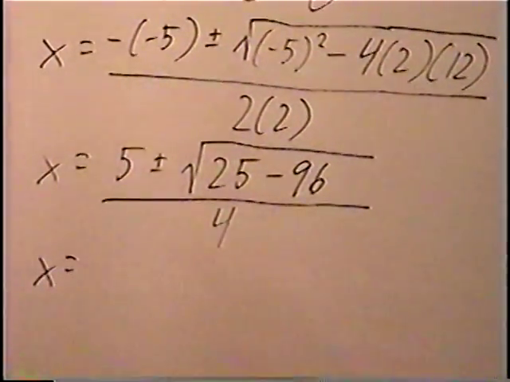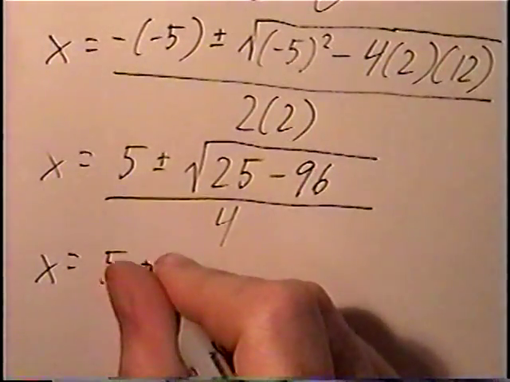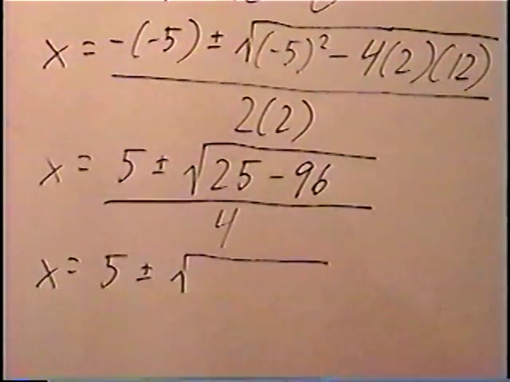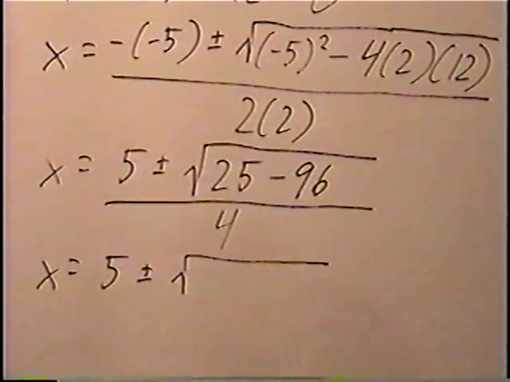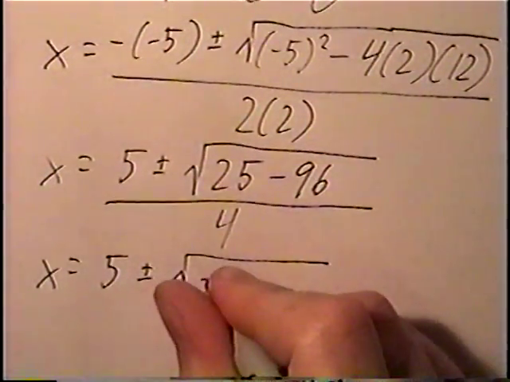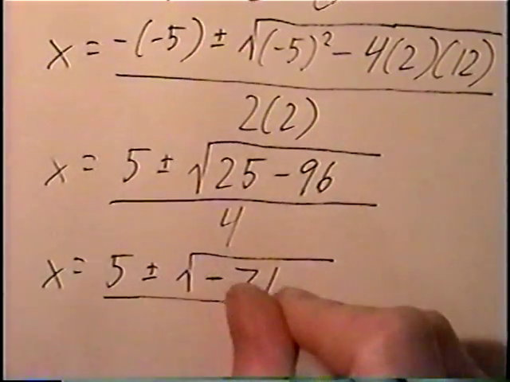Simplifying again, we'll have 5 plus or minus the square root, subtracting 25 minus 96 will be negative 71, divided by 4.